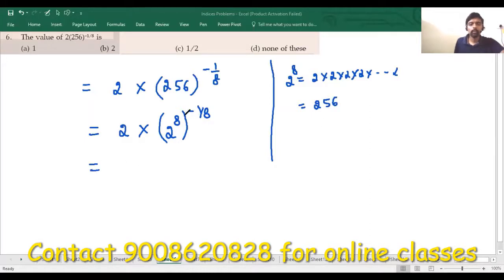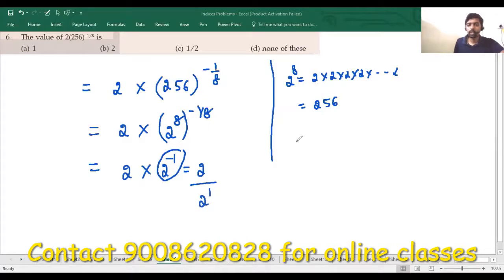So now here 8 and 8 will get cancelled. So 2 into 2 to the power minus 1. See, this is 2 to the power minus 1. This is a negative sign, correct? So since it is negative, I will send this to the denominator. If I send this to the denominator, I will get 2 to the power plus 1.